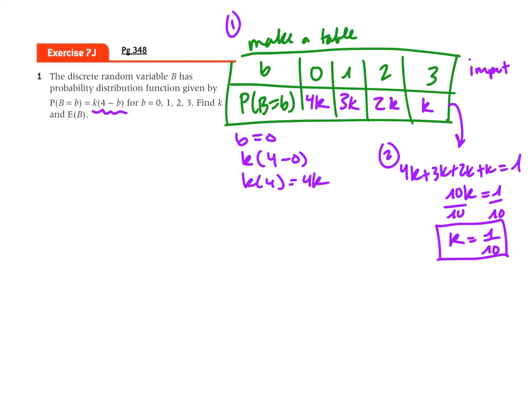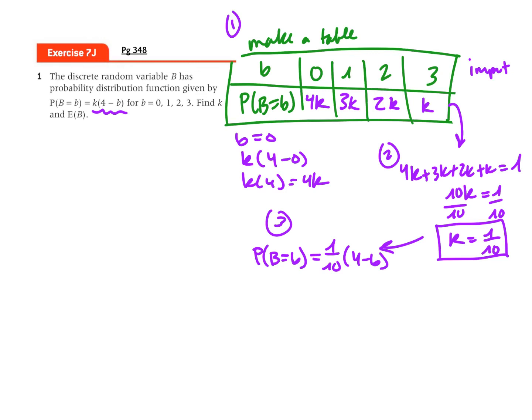Okay, so because I know that, P of big B equals little b equals 1/10 times 4 minus b, right? So that's my equation, my distribution function.